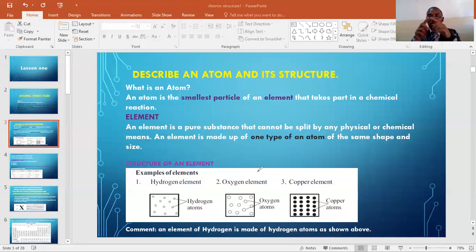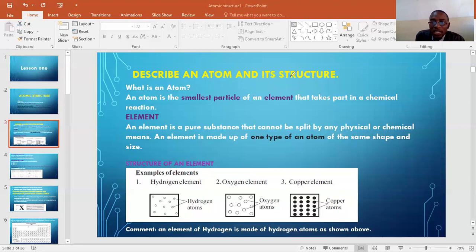So an element is just something that you cannot split by either physical or chemical means. When you open the element, you enter the inside of an element, you find things we call atoms. And those are the atoms that are responsible for chemical reactions. So what we have here are just examples of elements.